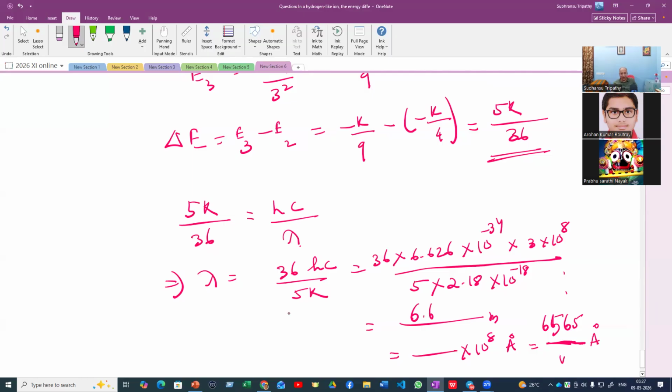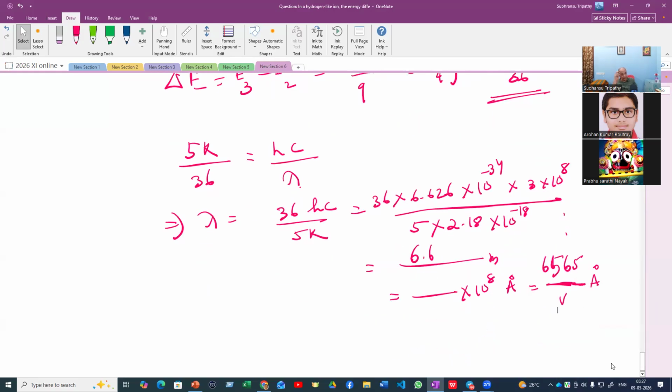Yes, I have already told you several times that the Balmer series is in the visible region. And I have also told you that this line is in the orange region. So yes, visible, and that too, this is the orange line.